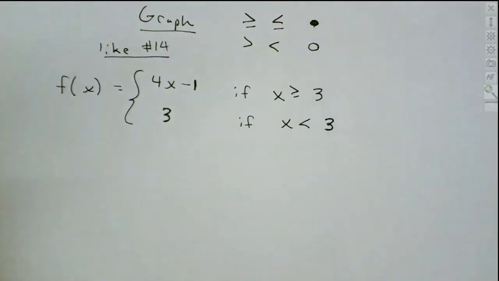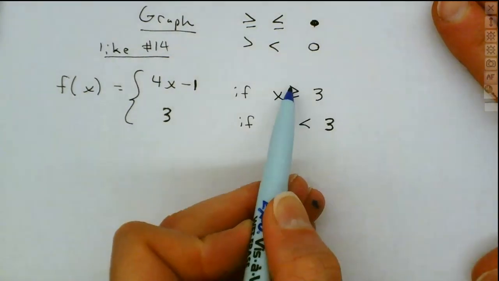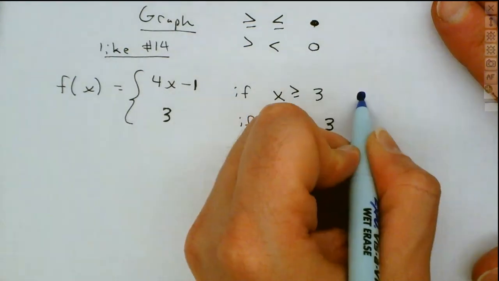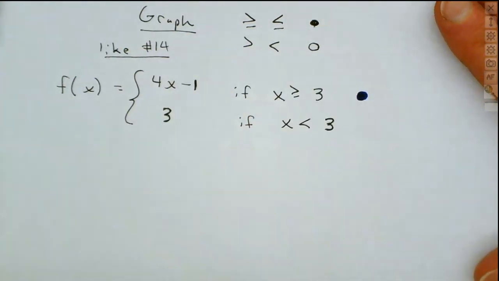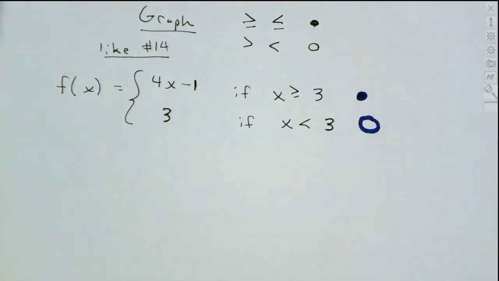So the first thing I do is I determine if they have an open circle or a closed circle. So this one is x is greater than or equal to 3. So greater than or equal to, it gets a closed circle. And then the other one is less than 3, so it gets an open circle.